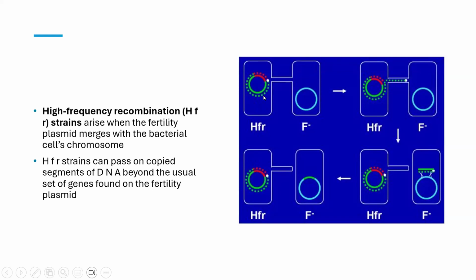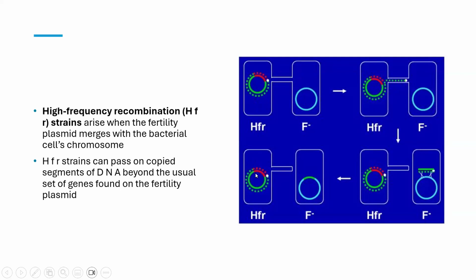So here we have an example of conjugation between an HFR strain and an F minus strain. And here it starts to transmit some of the genome along with the plasmid that's been inserted into the genome.